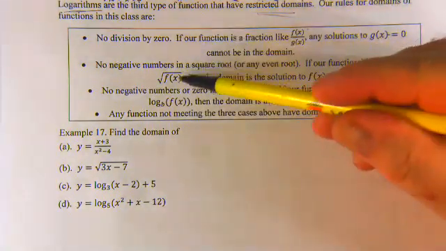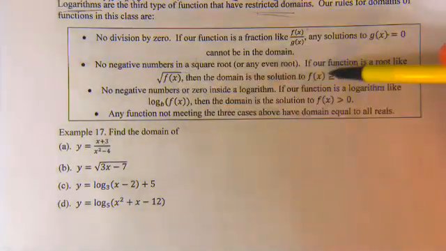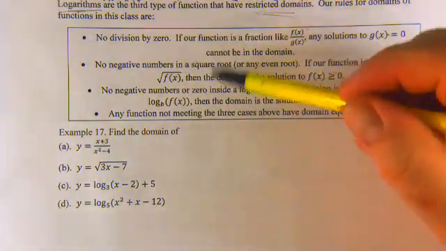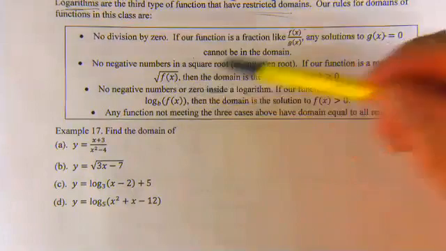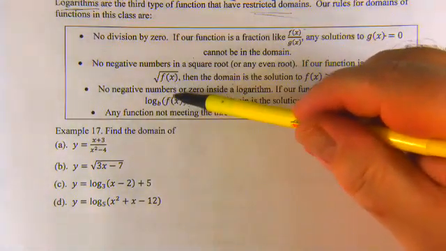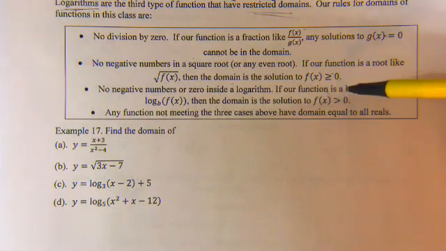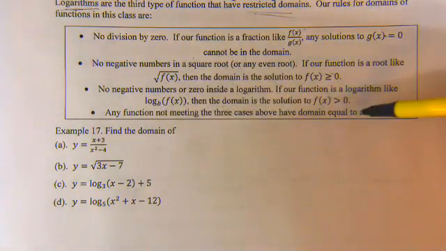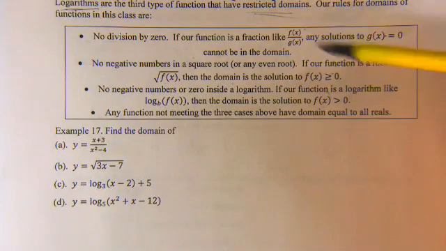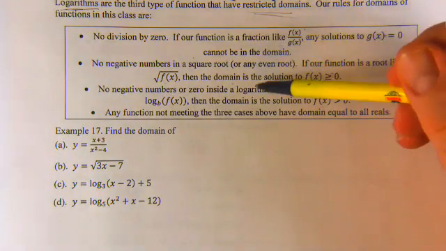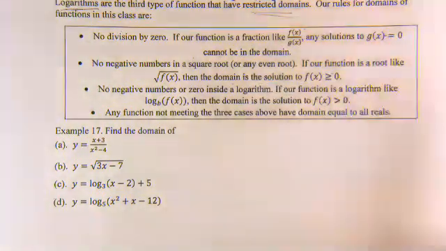So if we have the square root of f of x, whatever's inside here had better be nonnegative. You can't have negative numbers or 0 inside a logarithm. So if you have the logarithm of something, then you have to take whatever it is, set it bigger than 0, and try and solve it. Any function that isn't one of these 3 cases, no division, no square roots, no logarithms, then the domain is all reals.